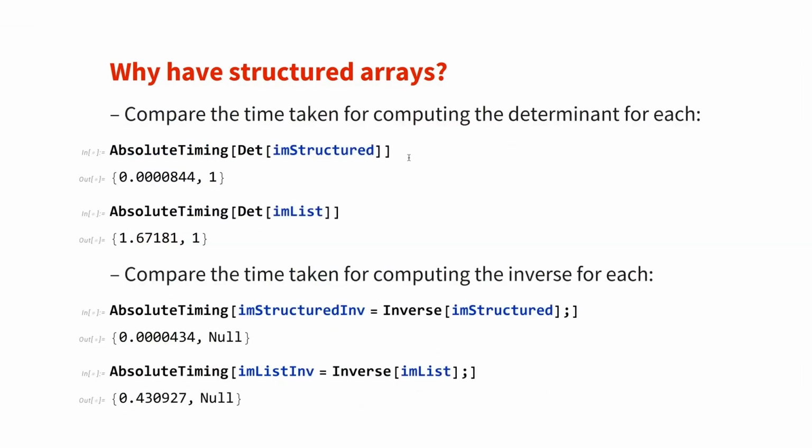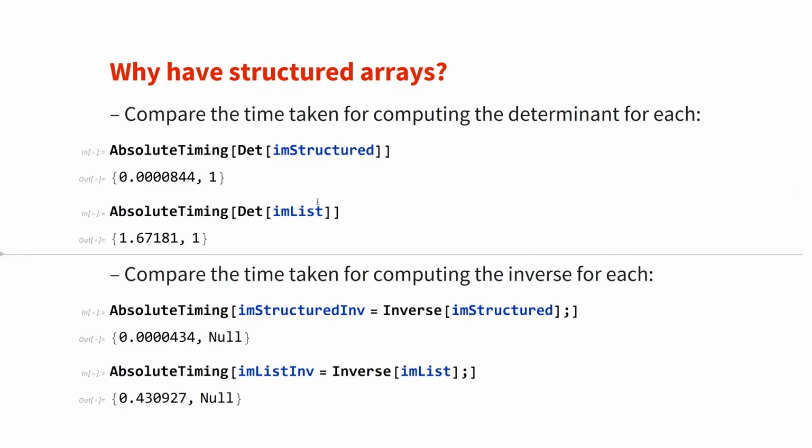So then the question is, okay, about storage, how about actual computation? Well, anyone with basic matrix knowledge knows that the determinant of an identity matrix is just 1. So of course, if you ask the structured version, it'll tell you the answer is 1 in a very, very tiny amount of time. If you ask the list version, it knows nothing. It'll take almost 1.5 seconds to figure out something that anyone could have answered.